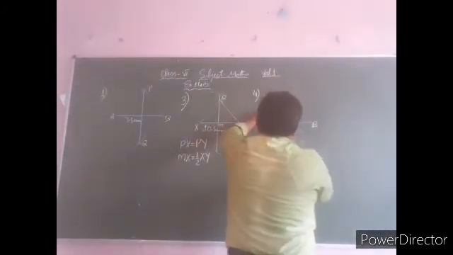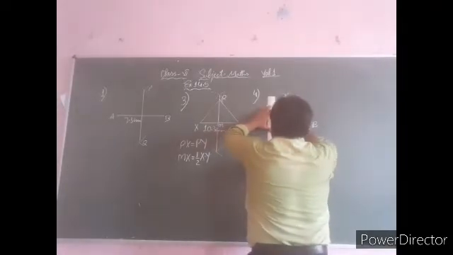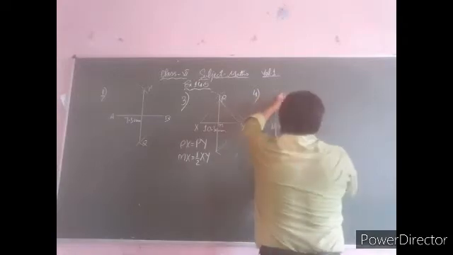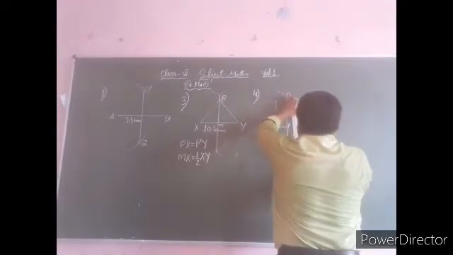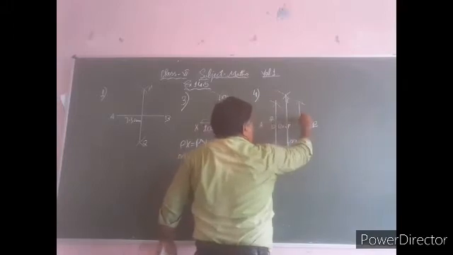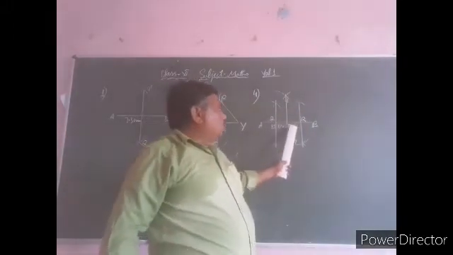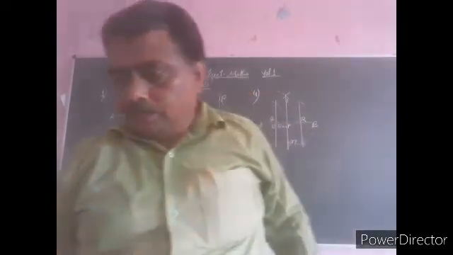So here Q, P, R, AQ is equal to QP is equal to PR is equal to RB.